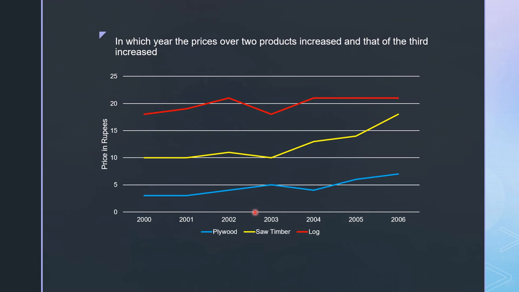Okay, so in 2002 the plywood price is 4, the saw timber price is 11 and the log price is 21. So in this year plywood has increased by 1 point, saw timber has also increased by 1 point and log has also increased by 1 point.